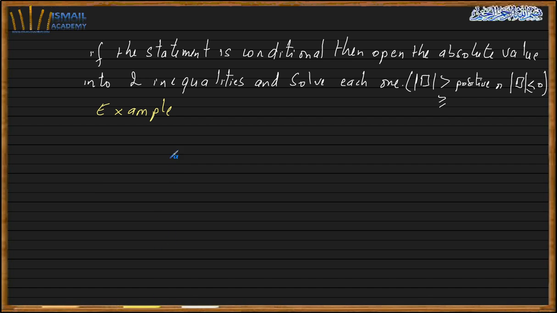So for example, if I have minus 5 times the absolute value of 2x minus 9 plus 7 is greater or equal than 7. So here I minus 7 both sides.